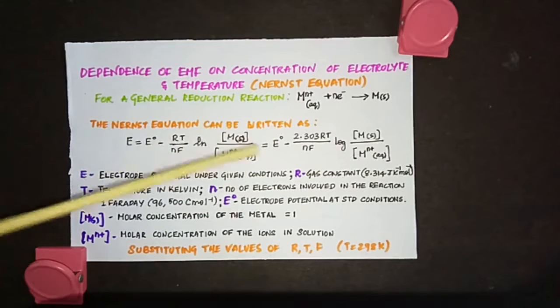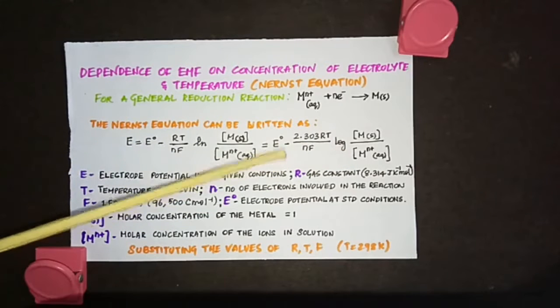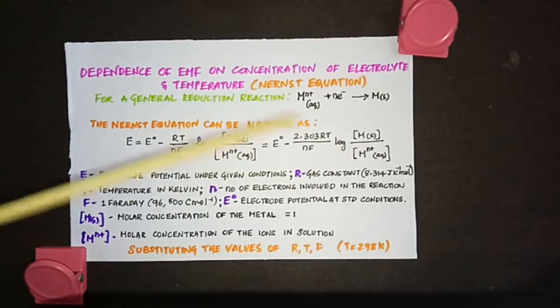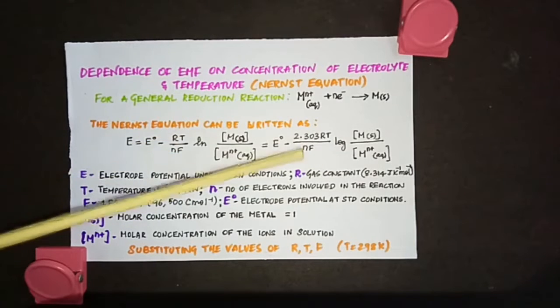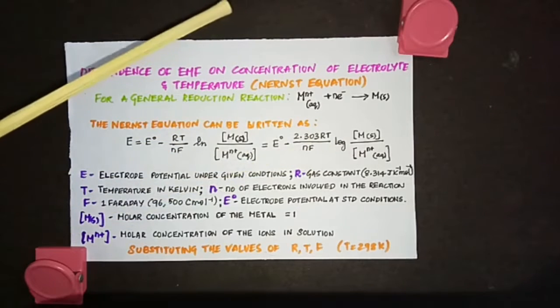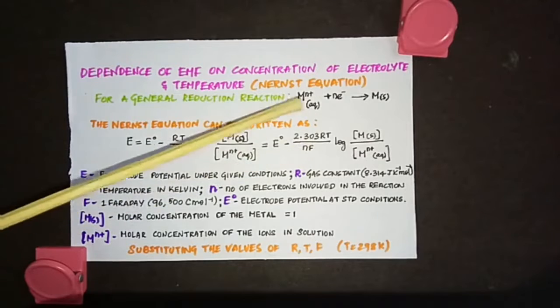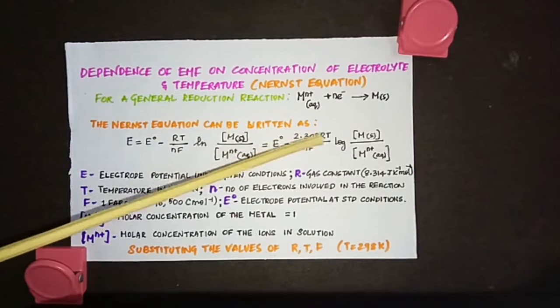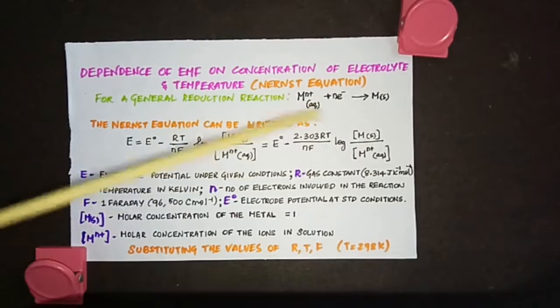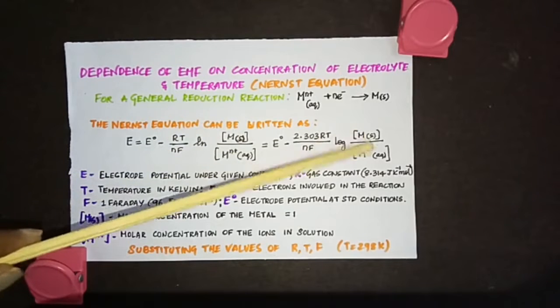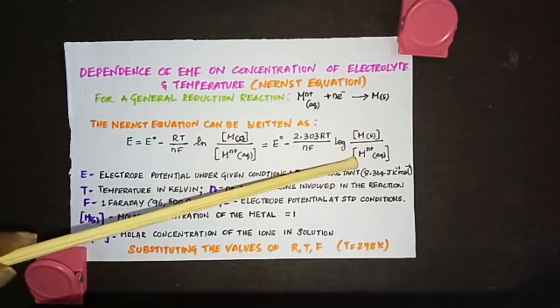So look here, E = E° − 2.303 RT/nF, with the same R, T and F variables written here, but multiplied by 2.303. Instead of ln, you are writing log of the molar concentration of the metal divided by the molar concentration of the ions in solution.